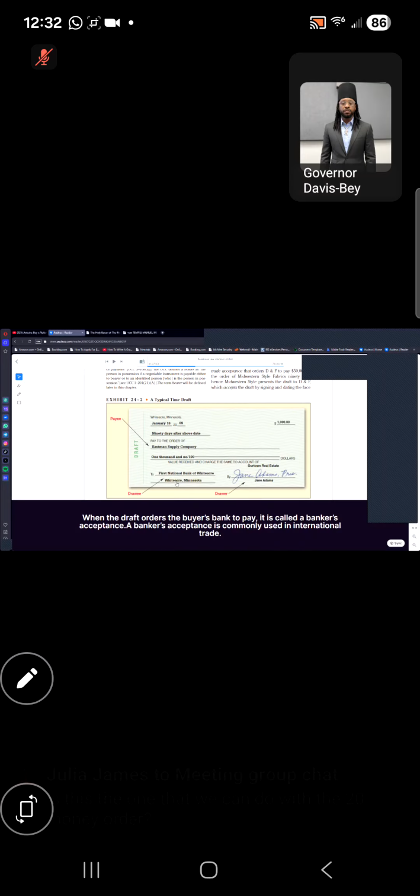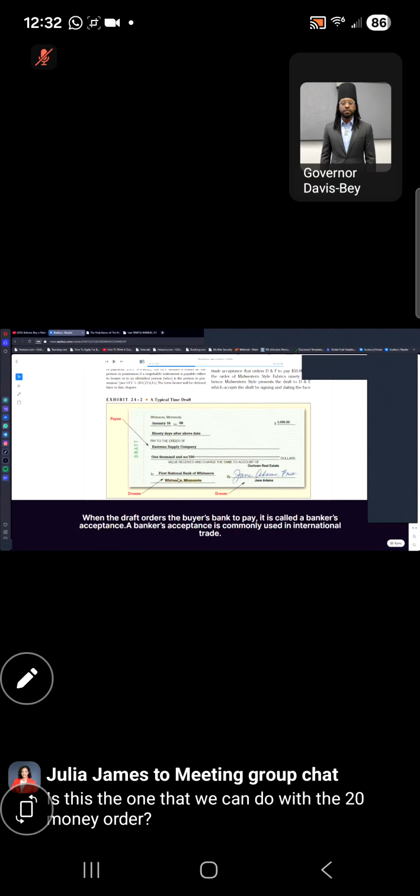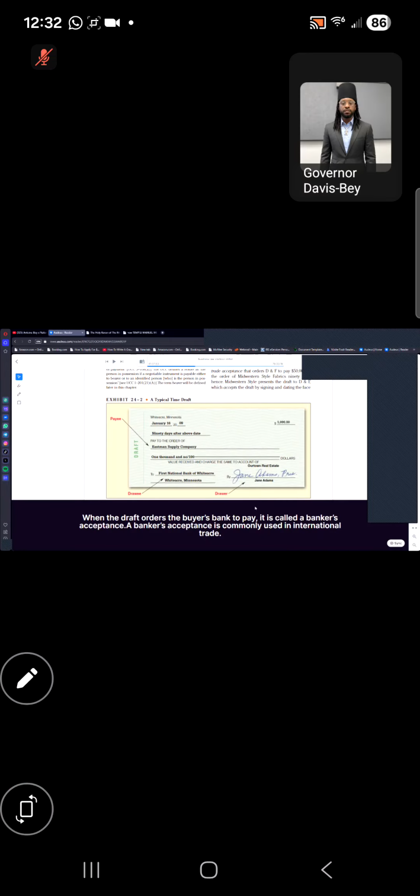The drawee is the person making the promise to pay the payee. The drawer is the person who made the order to pay. He gave the order to the drawee to pay the payee. So you see the three parties right here, the drawer, drawee, and the payee.